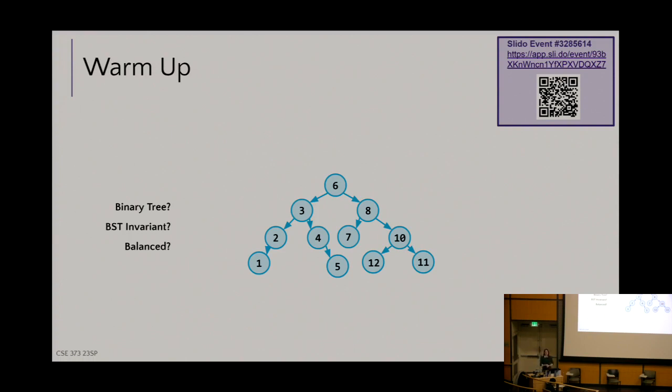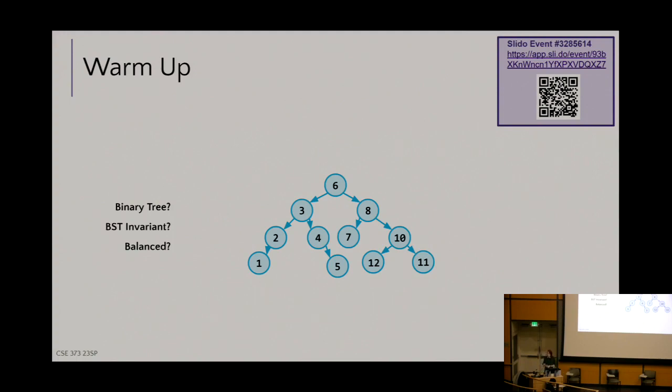Now, the one that I do think we talked about is this middle one, the BST invariant. Did I put it there in those particular words just to mess with you? Yes, I did. So remember that binary search tree? We abbreviate it as BST. The invariant is just that fancy word for does it satisfy these rules?